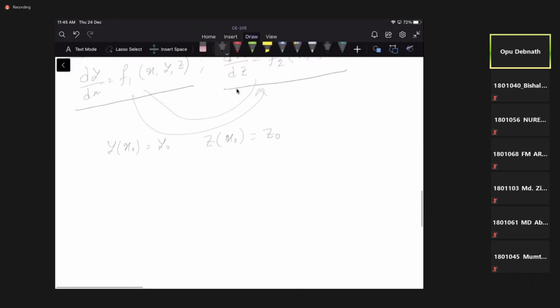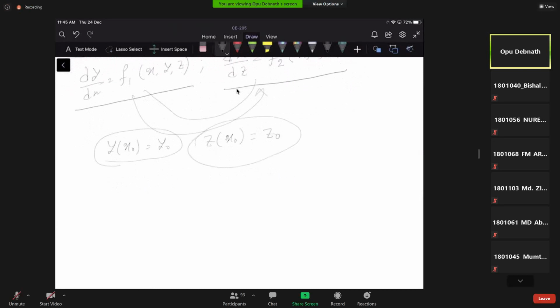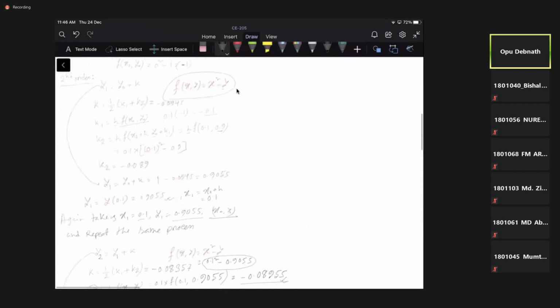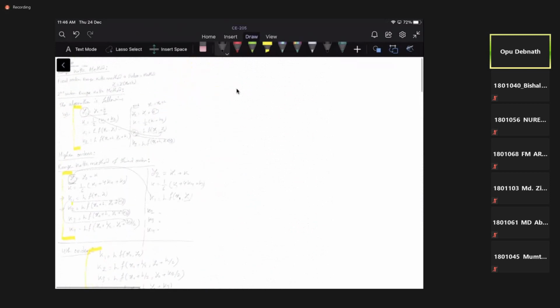So these simultaneous first order differential equations are actually nothing but a boundary value problem. So these conditions should be known, that means x0, y0, and z0. These three values should be known. And if you get these three values, you can simply calculate by using the previous techniques.